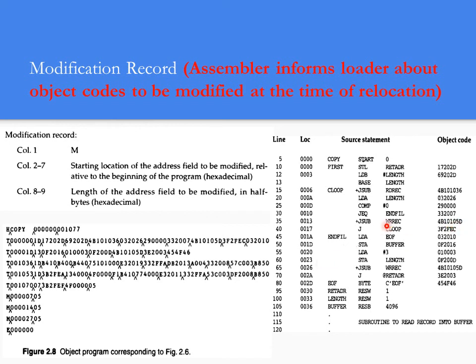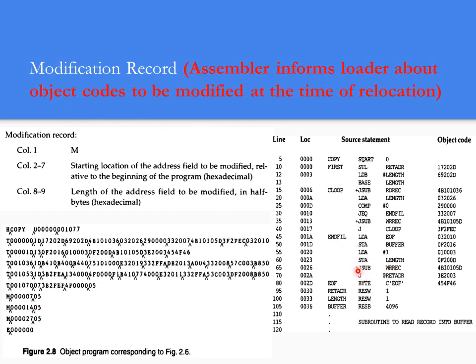This value is stored at location 0014, the starting location of the address field to be modified, relative to the beginning of the program. Then again 5 positions, 5 into 4 in half bytes, so the remaining 20 bits have to be modified.